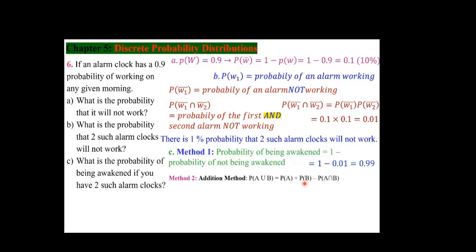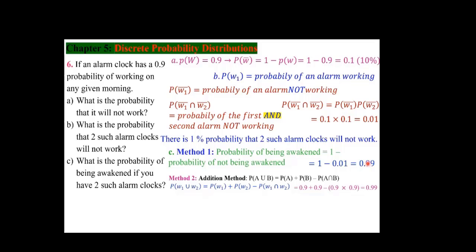Okay, so we are looking at probability of W1 union W2. So we are going to replace each one with 0.9. So we get 0.9 plus 0.9 minus the product 0.9 times 0.9. Again, the reason we multiply is because of independency, and that gives us the same answer as before.